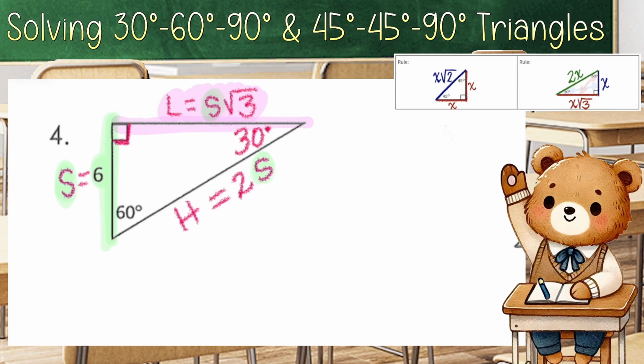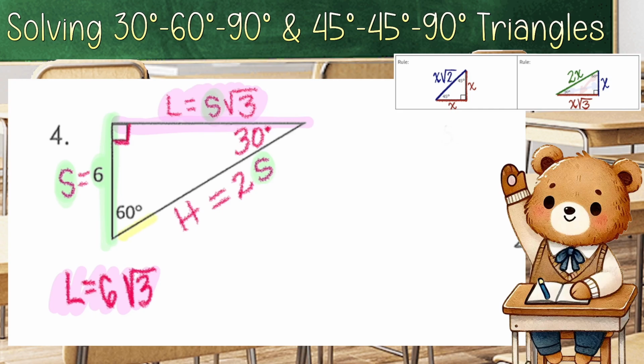So let's dive right into that one. All I need to do is L equals 6 root 3. Then I ask myself, is there anything that I can or should simplify? After you think about it, you should realize, no, it's as simplified as it can get. We are good to go.